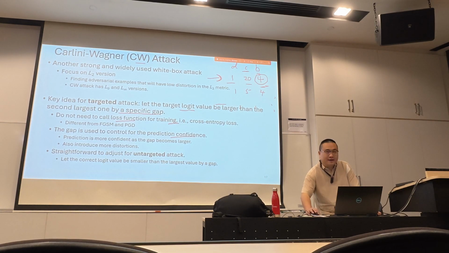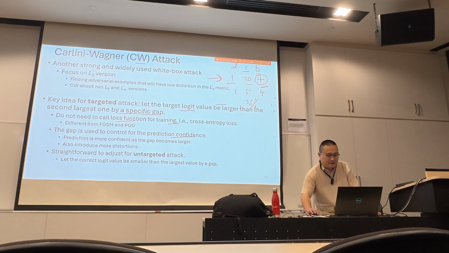For example, cat maybe is 56%, for birds 41%, and the remaining probability goes to the dog. So when the difference is larger, the difference in the probabilities will also be larger. That's why we say this logit gap is also used to show the prediction confidence.